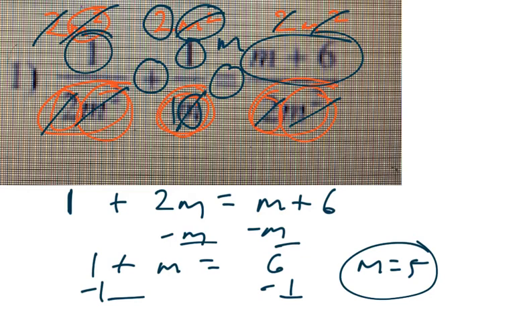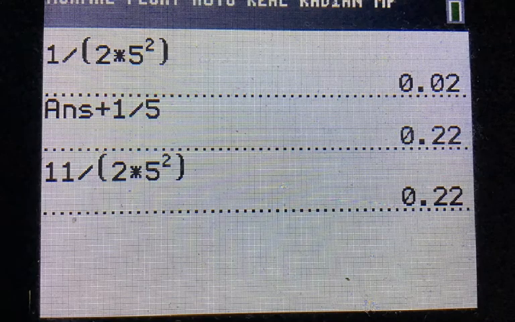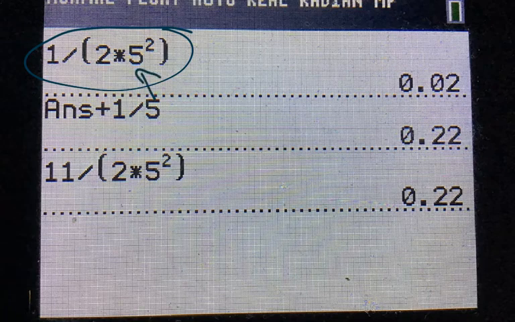Now, to save a little time, guys, I'm going to show my calculator work. And I'm going to ask you to pause it there. I'm not going to spend time explaining the calculator work. I will just say this. Our solution was m equals 5. I'm going to plug it in to make sure it works and it's not extraneous. So, I plugged in the 5 right there, right there, right there.